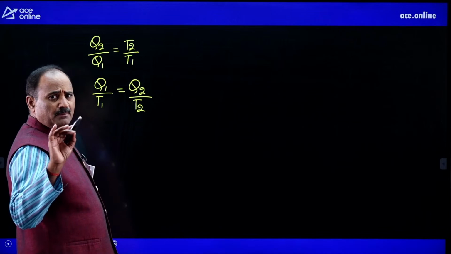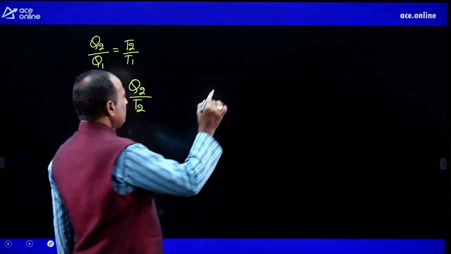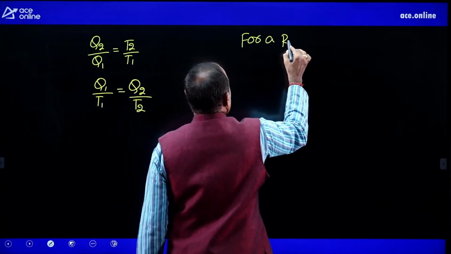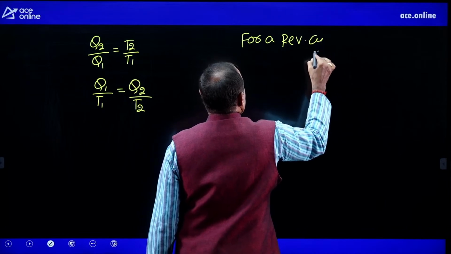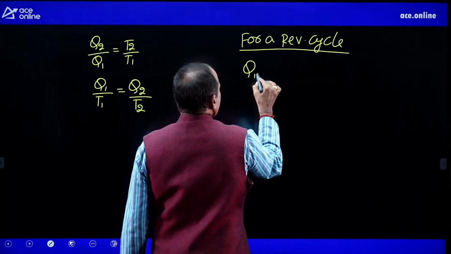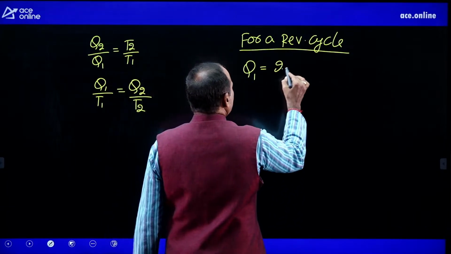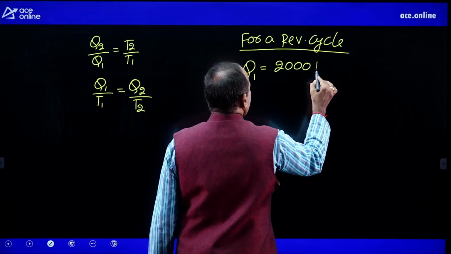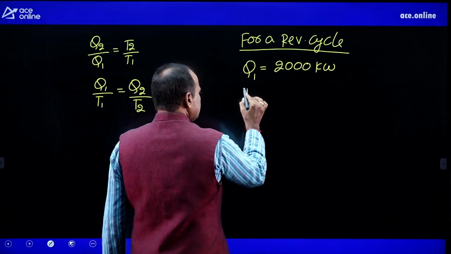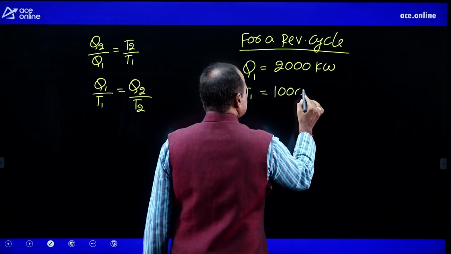Remember, the Carnot cycle comes under reversible cycles. For a reversible cycle, assume the heat supplied Q1 is equal to 2000 kilowatts at a temperature T1, that is source temperature, let it be 1000 Kelvin.